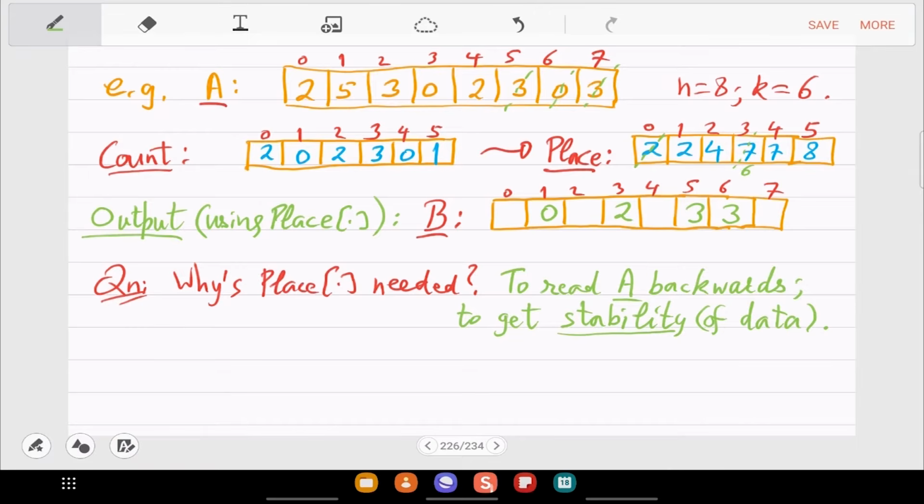And this you then reduce to 3. Okay, so hopefully this gives you the idea. So on. So is this clear? Each of these arrays is just one scan. You scan for count, scan for place, and scan for B.